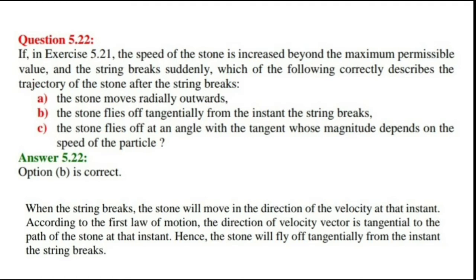So when the string breaks, in the direction of velocity at that moment, the stone will be moving. So each moment the velocity is along the tangent, and after breaking the string, the stone will move along the tangential path. So option B is correct.